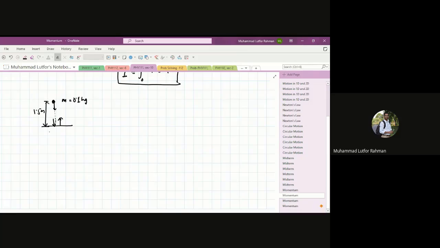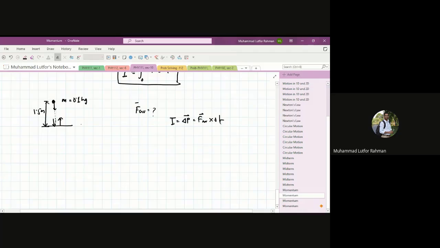To find that out, they are asking me to find the average force acting on that system. What would be that average force? I can find it using the impulse momentum theorem, which is that del P must be F average into del t, right?